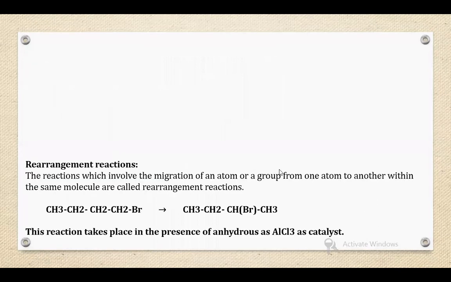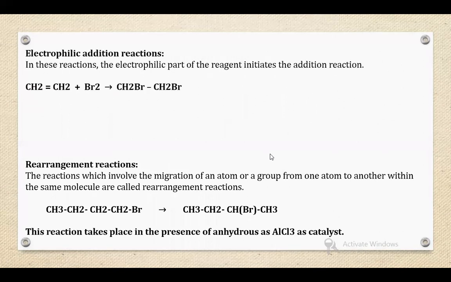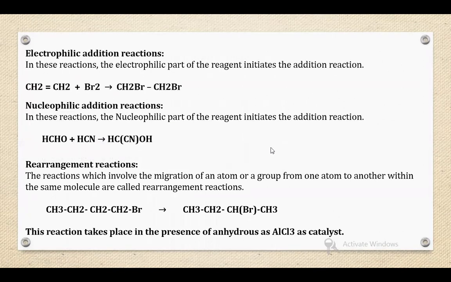In addition reaction, we know there is electrophilic addition, nucleophilic addition and rearrangement reaction. So what is an electrophilic addition? In this, the electrophilic part of the reagent initiates the addition, the positively charged part in the group.